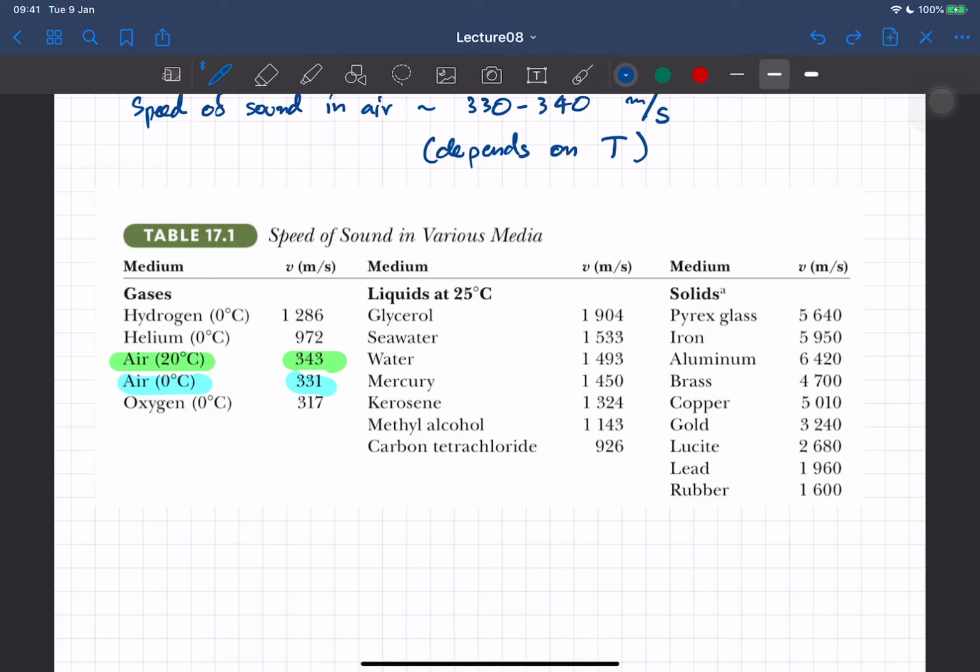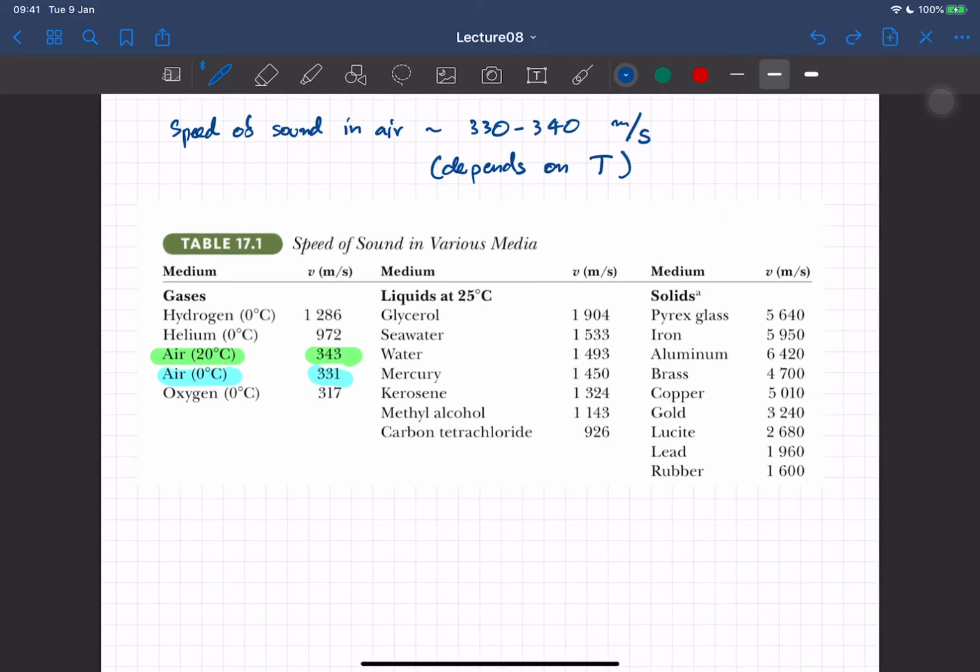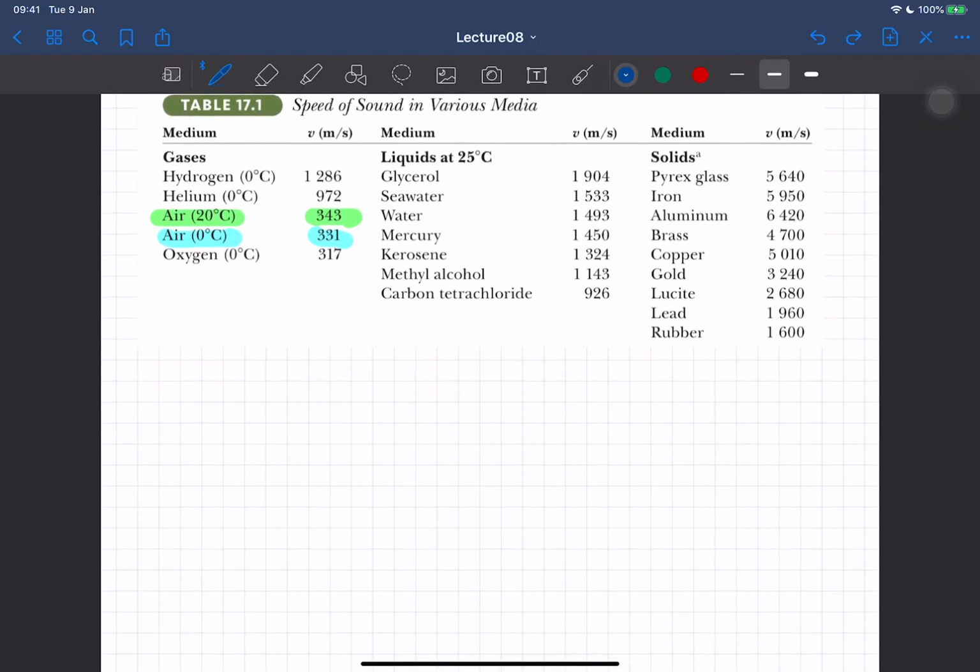So most of the time, people will just measure it experimentally, and I believe these numbers are the experimental values. Okay, so this table might be useful, especially when you need to solve problems related to the speed of sound in different kinds of medium.